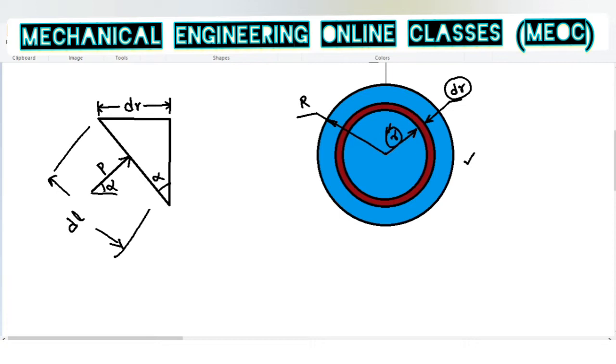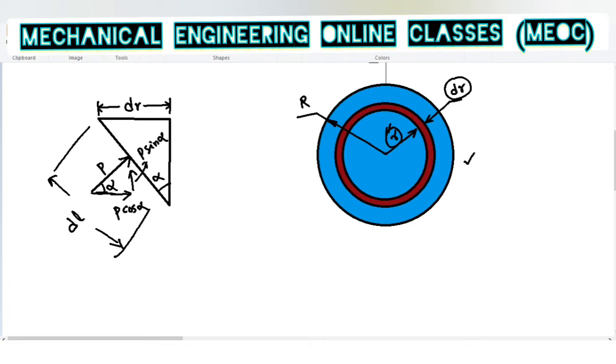Now if we resolve P into horizontal and vertical components, the horizontal component will be equal to P cos alpha and the vertical component will be equal to P sin alpha.